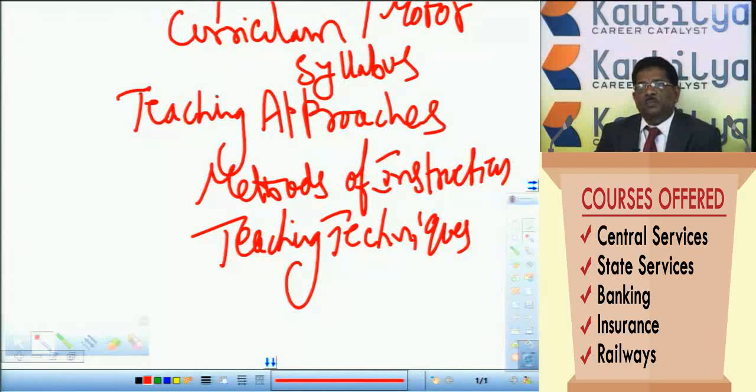Whether the teacher is supposed to adopt approach or method of instruction. Definitely, it is very clear that the teacher must select a suitable teaching approach. After explanation is completed on the fundamental concept, if the teacher wants to explain in depth, then she or he is supposed to select the suitable method of instruction. The same may or may not be applicable to teach some other topics or in chemistry.